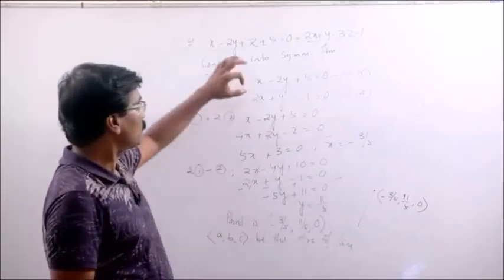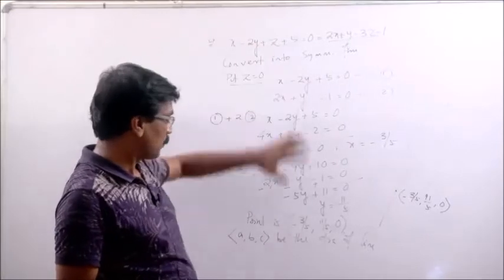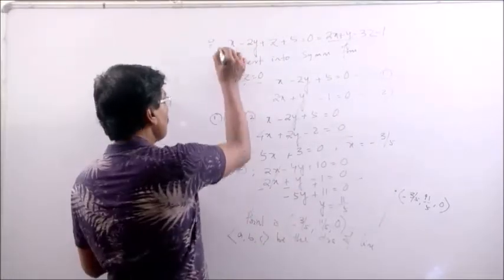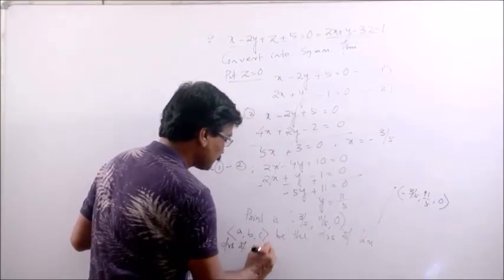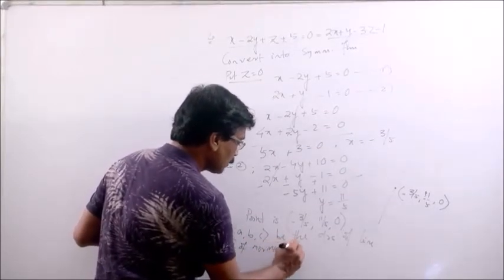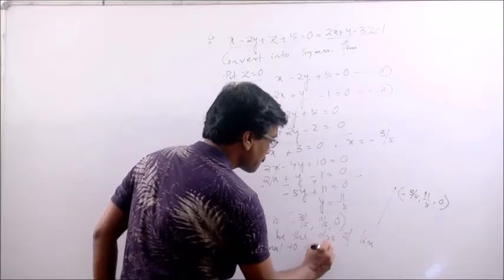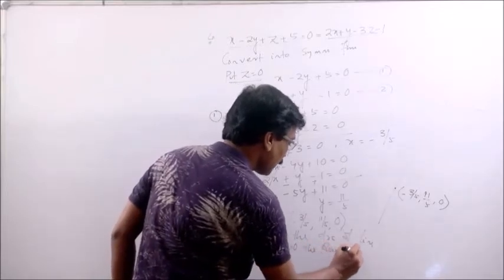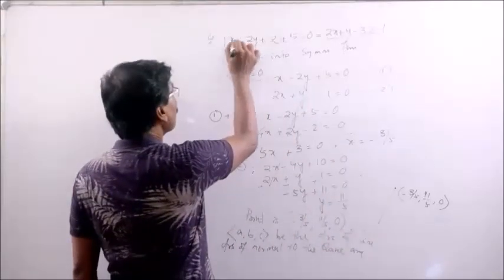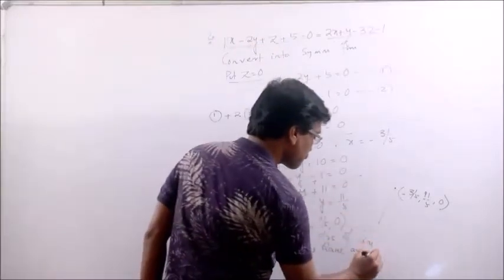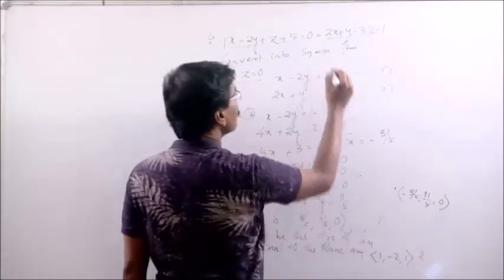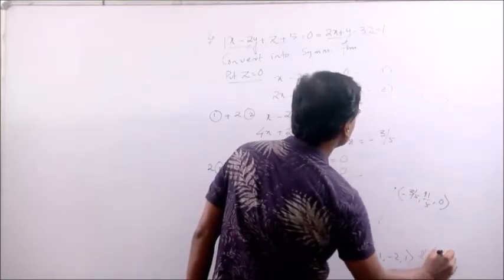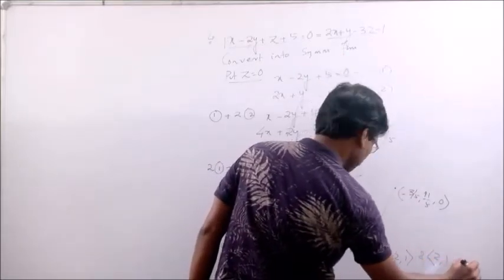As the line is perpendicular to both the normals of the planes, the direction ratios of the normals to the planes are 1, minus 2, 1 and 2, 1, minus 3.